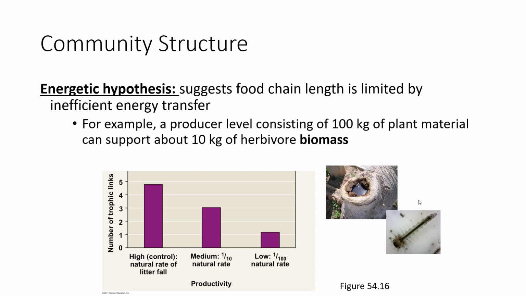You're already thinking that where the GPP is the highest is probably going to be where NPP is the highest, and therefore trophic levels are the highest, and you are correct. So these little buckets of soup you find in the wilderness are good examples of how fast you can get trophic levels based on how much you're going to have in primary production.